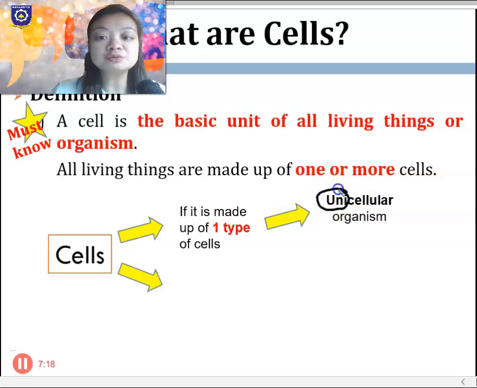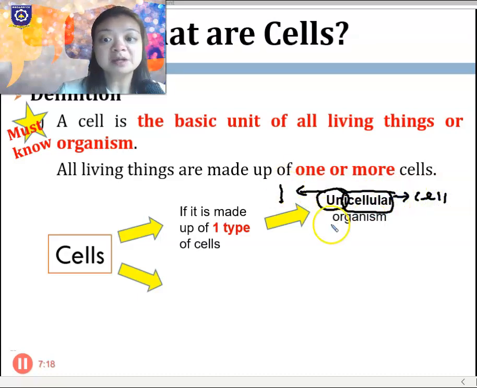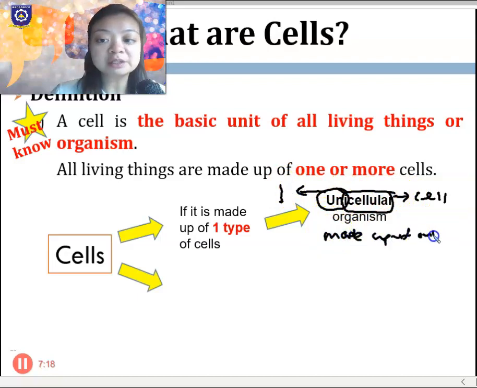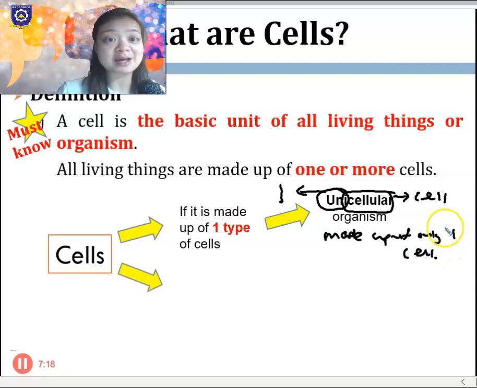The word uni means one. The word cellular basically means cell. So if you are a unicellular organism, you are made up of only one cell. Now, definitely you and I are not unicellular organisms because we are made up of more than one cell. Alright?